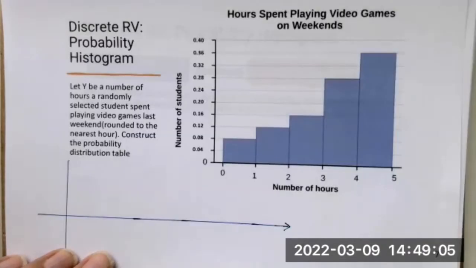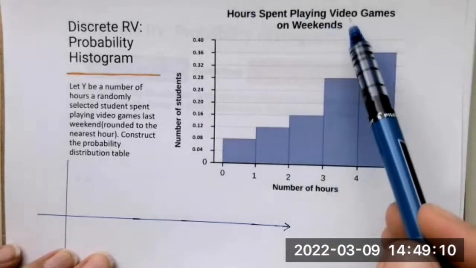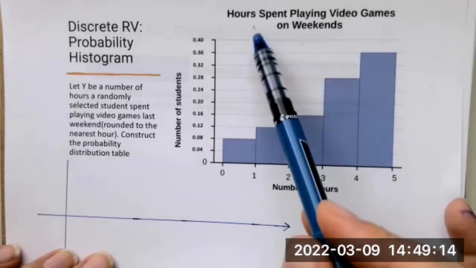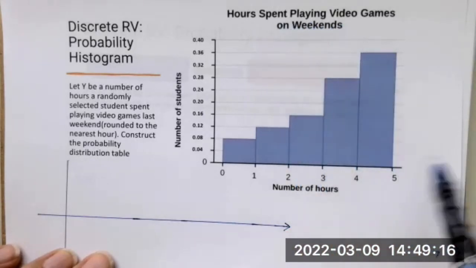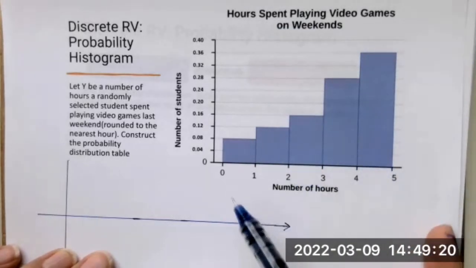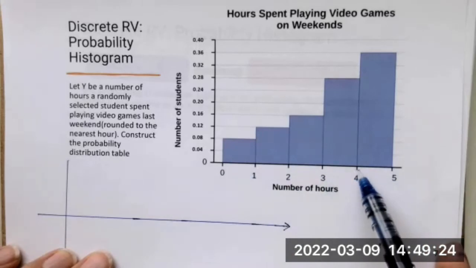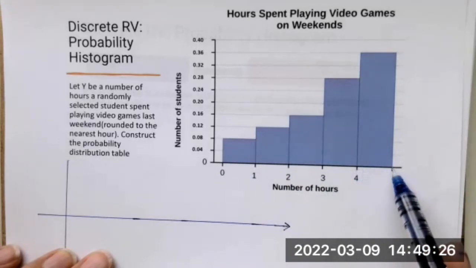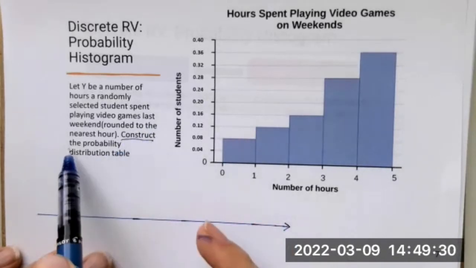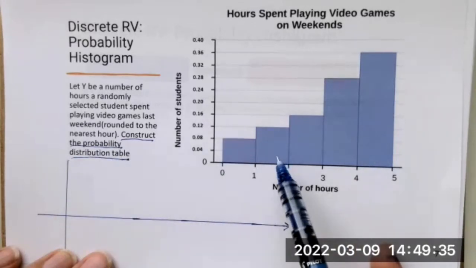So here's our next example. We have a probability distribution histogram, which represents hours spent playing video games on weekends. And we have values from 0 to 4, including 4, but not including 5. What we need to do is construct the probability distribution table using the histogram.